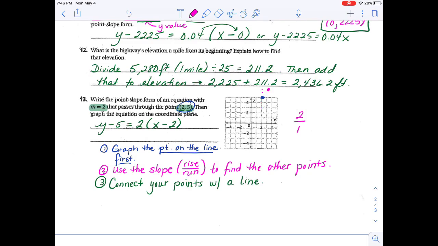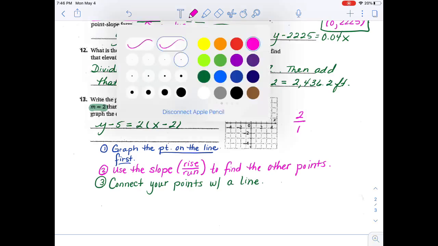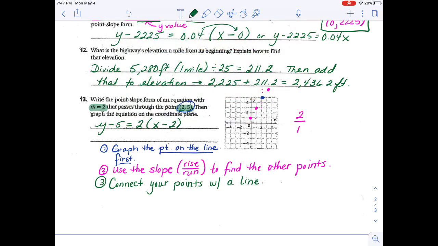So go down 2 and go left 1. You can even do it again. Go down 2 and left 1. Do the opposite if you want to go the other direction. From there, I've got enough points. I'm just going to go ahead and put a line through those points, put arrowheads on both sides, and I have the graph of this equation.